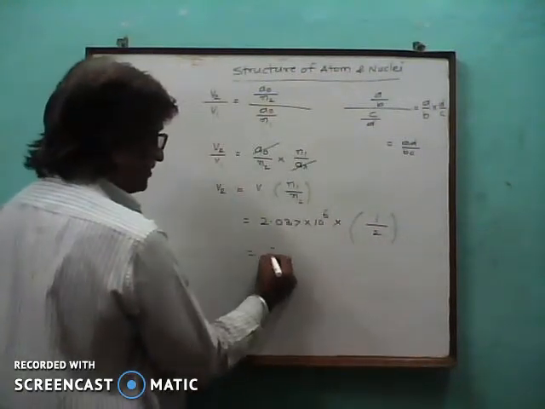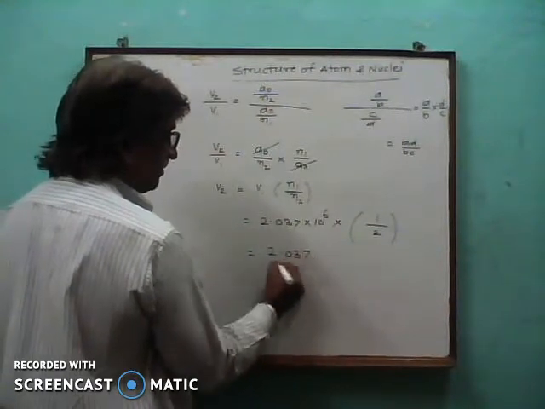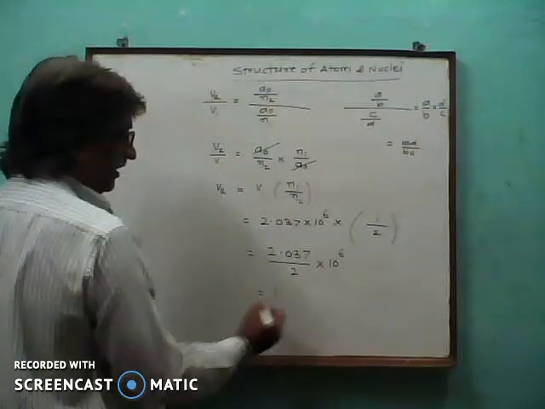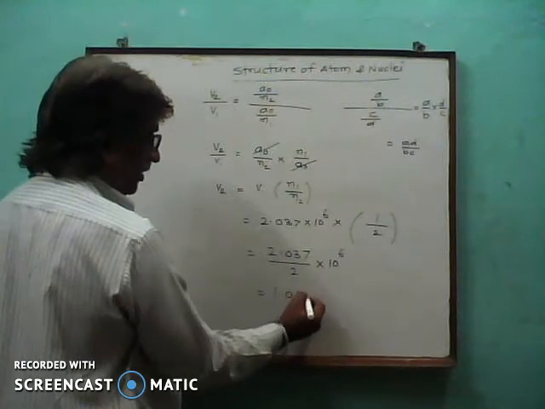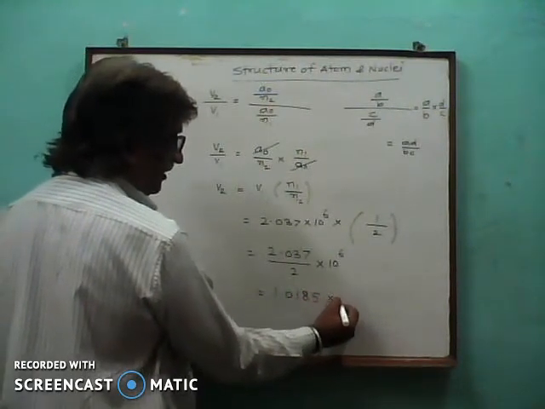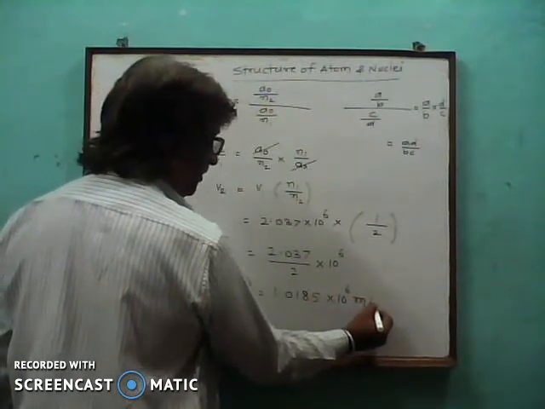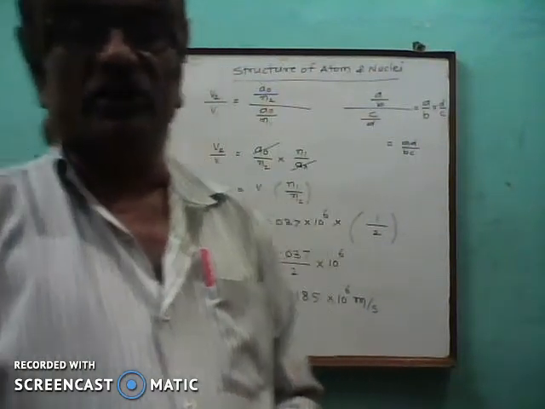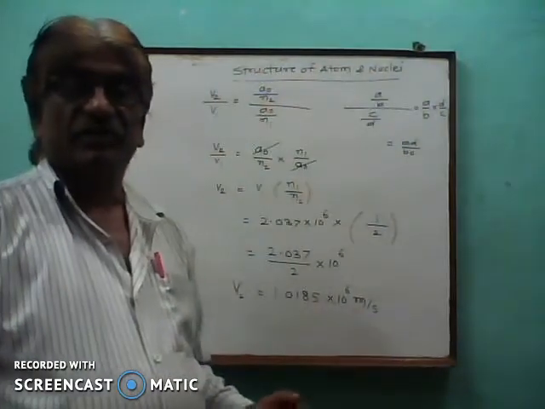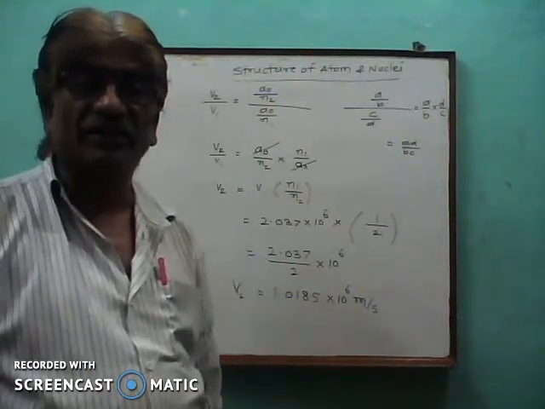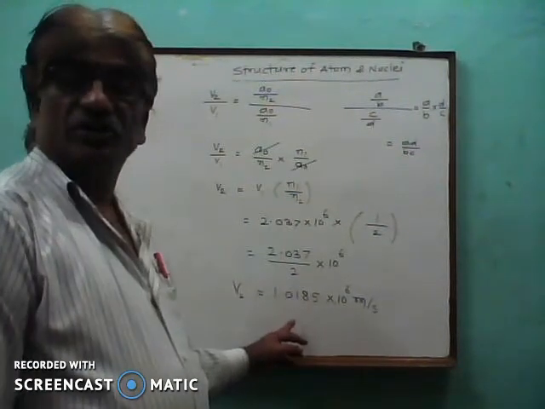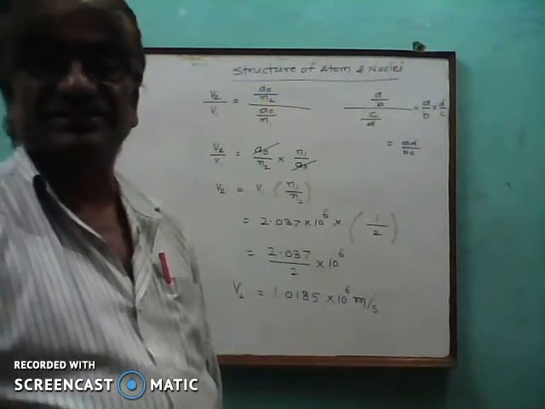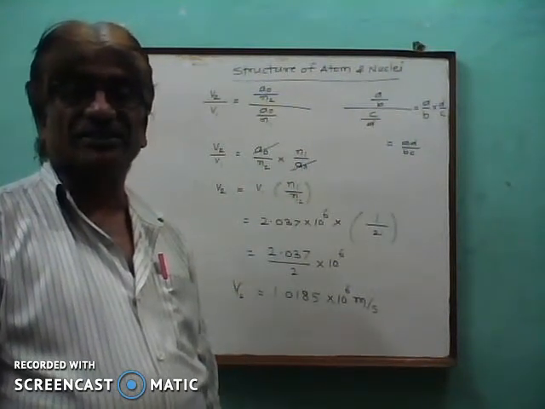So the answer is 2.037 upon 2 into 10 to the power 6, which is 1.0185 into 10 to the power 6 meter per second. This is the velocity of the electron in the second orbit.